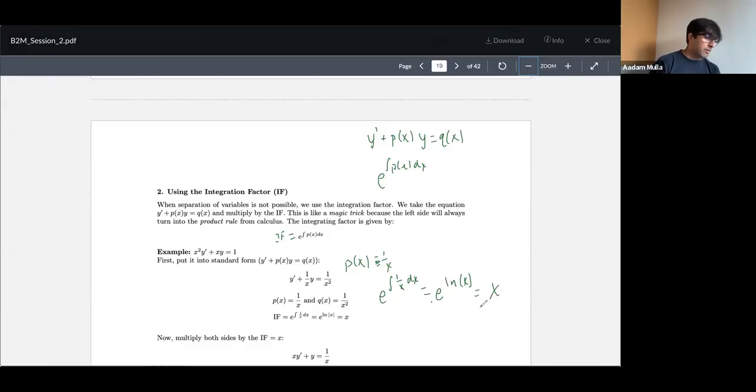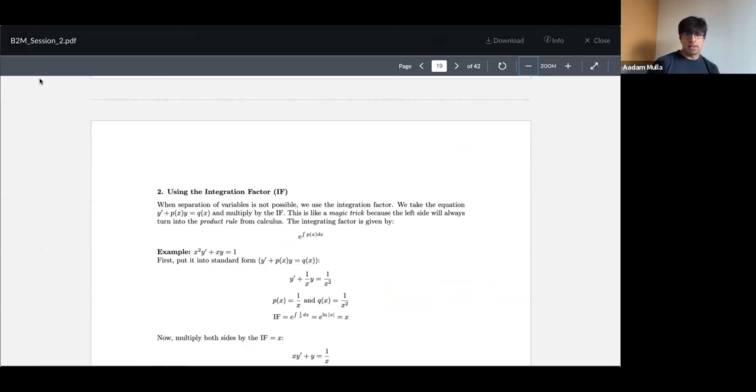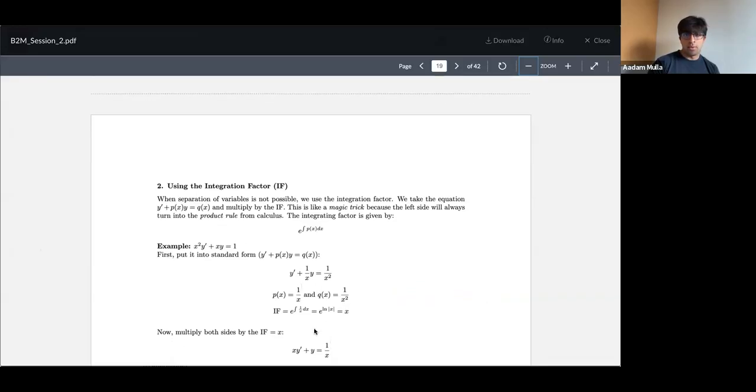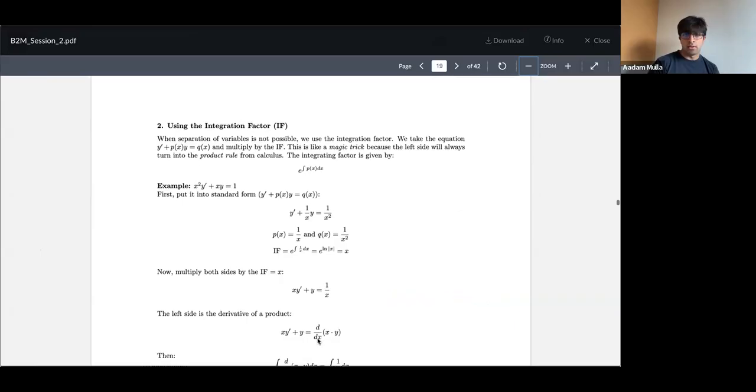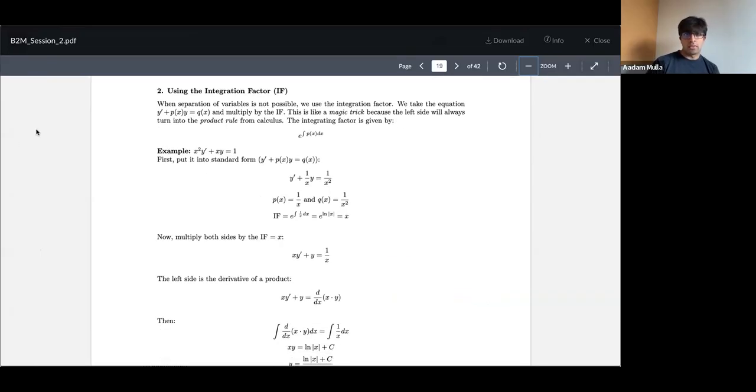Now that we have this integrating factor, what do we do with it? We multiply the left and right sides of the equation by the integrating factor. And this allows for a very neat thing to happen. So we take this equation that we had here and multiply by x on the left and the right. So on the left, we get x times y prime plus y equals 1 over x, right?